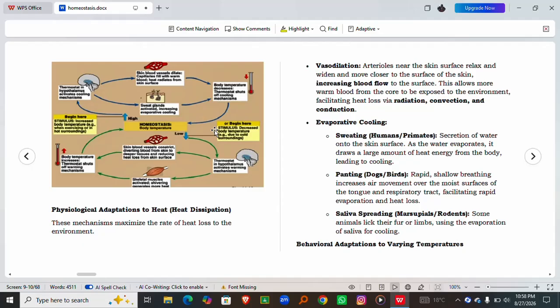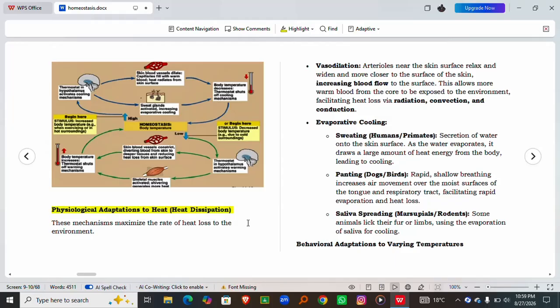So there are physiological adaptations to heat, how heat can be lost, because we have been looking at how you can conserve heat. That is when the temperatures have dropped below the normal set point, when there is coldness, for example, in the environment. Now we are looking at how the body responds when the temperatures are too high.